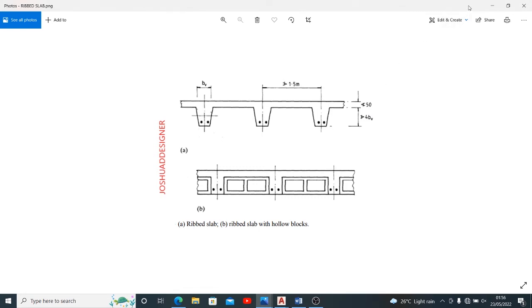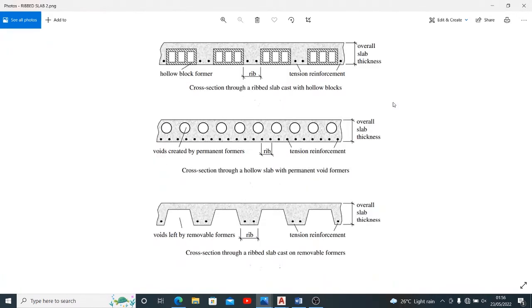So I'd like to move on from here and show us one more thing. Okay, so I'd like to show you this. Now this shows to us clearly the two methods of construction. So just to bring a highlight and to get you to understand what we're talking about, that's why I have to show you this again.